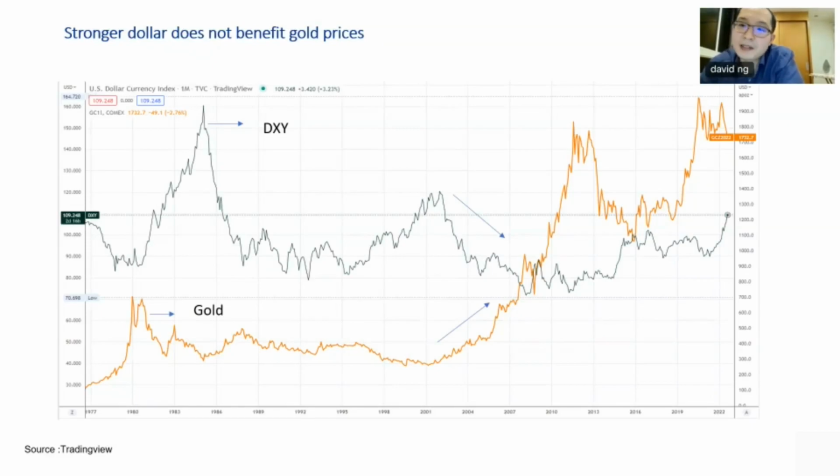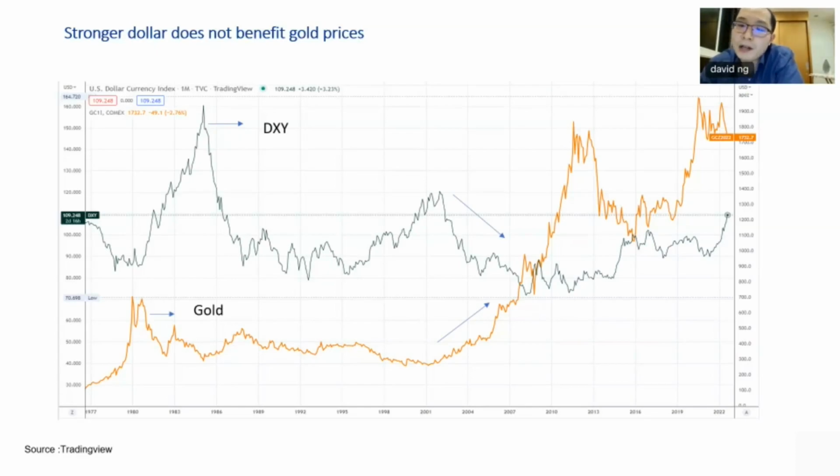So this is a classic example of which fund flow you would prefer. As long as the dollar remains very strong, people will tend to favor the dollar as an asset class rather than gold. So with rising interest rates and a stronger dollar, gold is definitely under pressure.